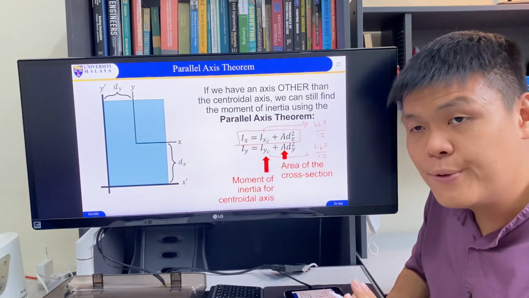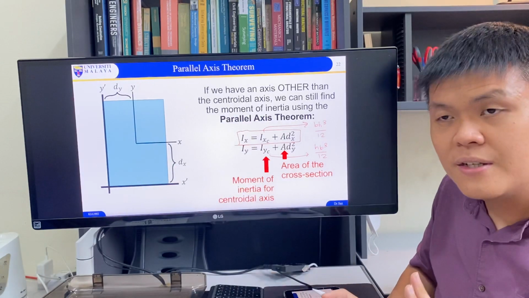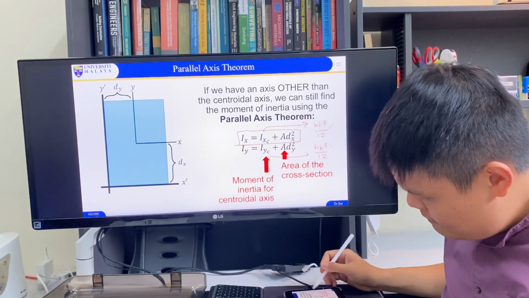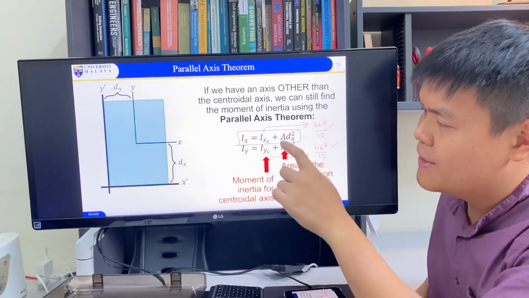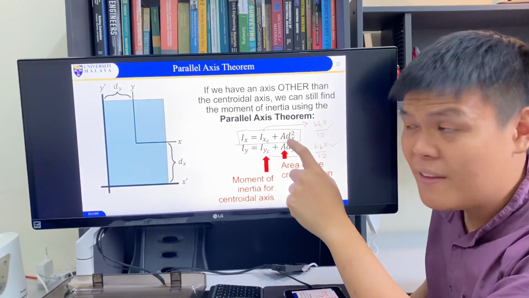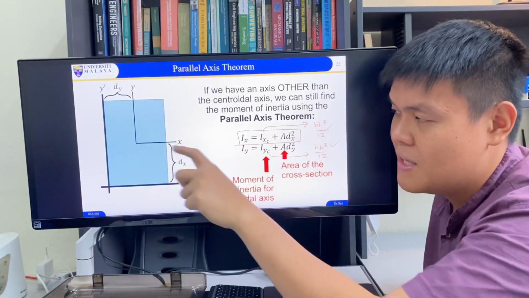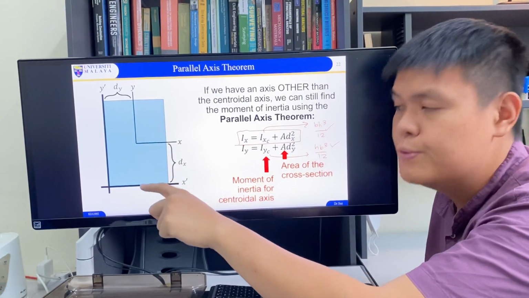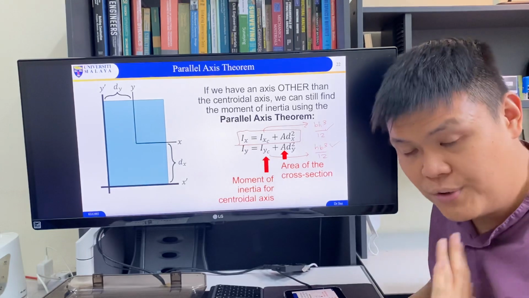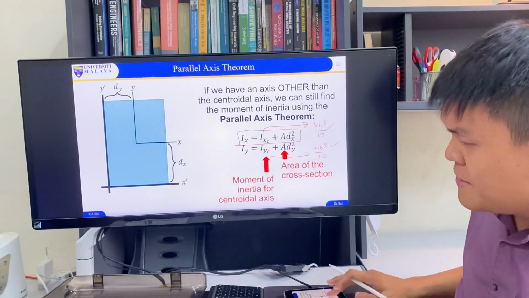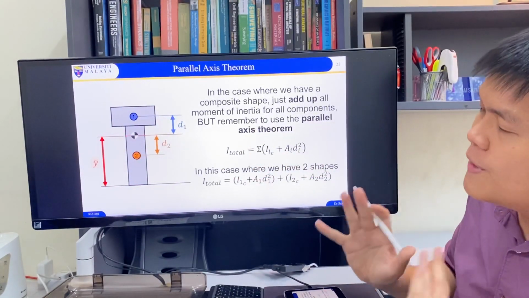So whatever axis you're trying to find, you just take these two and you just plus on the area of this thing times whatever distance this centroidal axis is to the axis that we are trying to look for, squared. Let's try to see how we can do that.